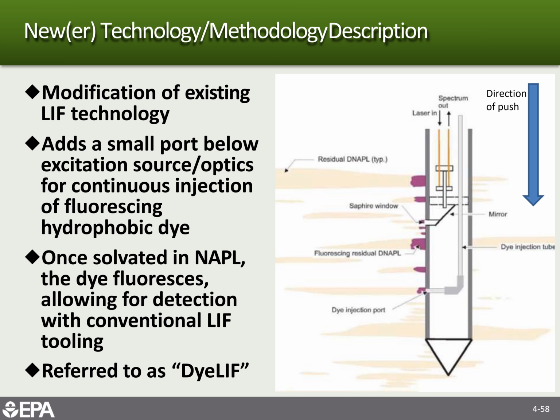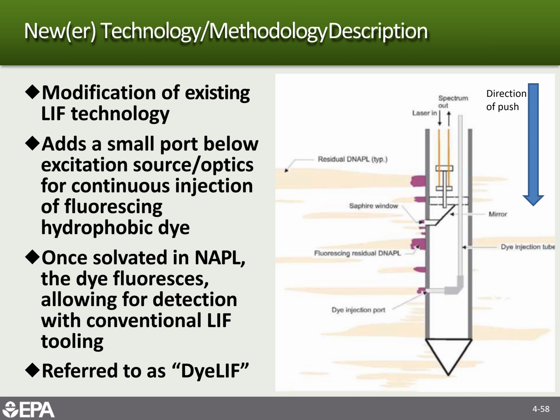As the tool is pushed into the ground, this dye is continuously ejecting a very small amount, and when it runs into one of these NAPL zones, the dye adheres to it and then is available for the fluorescence.